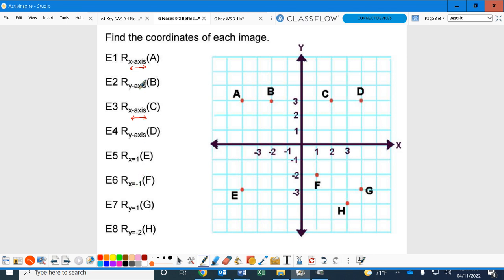Okay? For the y-axis, what direction does that go? Up and down, vertically. It goes like this. This is the direction that both the ones that are doing the y-axis go. You're going to reflect across a vertical line. Okay, now 5 and 6 both have x equals. That means they're both Bucks lines, and Bucks lines go in what direction? Vertical.